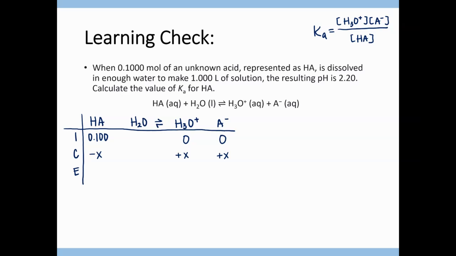Yes, concentration of H3O plus. So remember pH is negative log concentration of H3O plus, and this is equal to 2.2. So this tells us at equilibrium, there is some concentration of H3O plus that gives us a pH of 2.2.